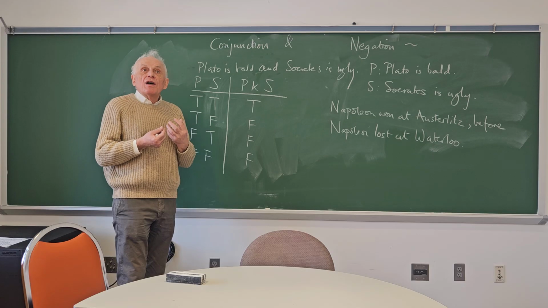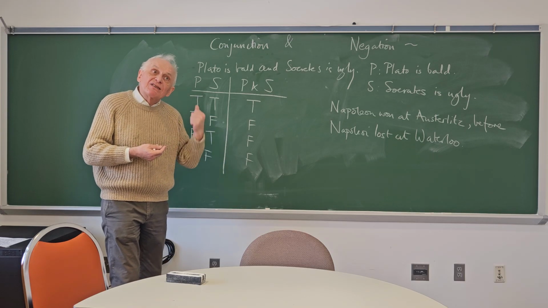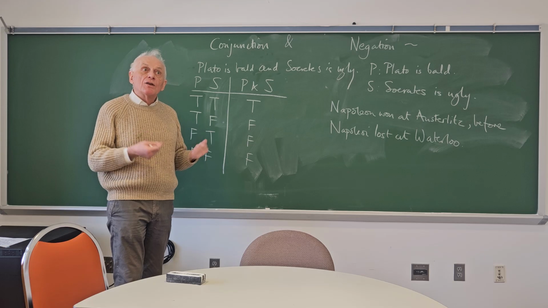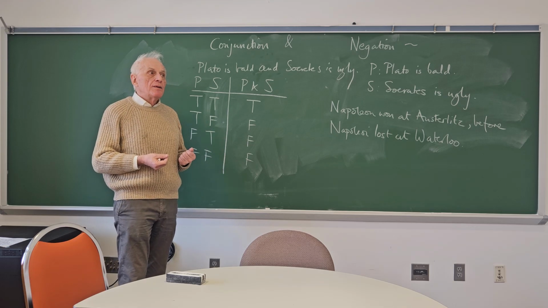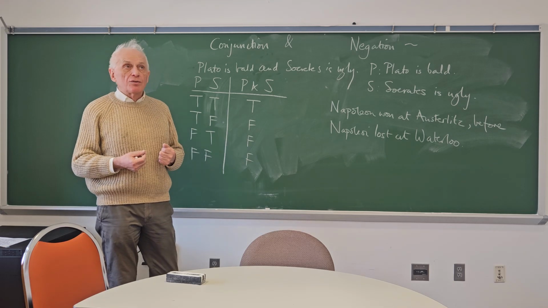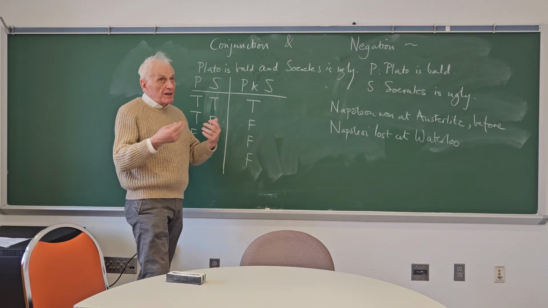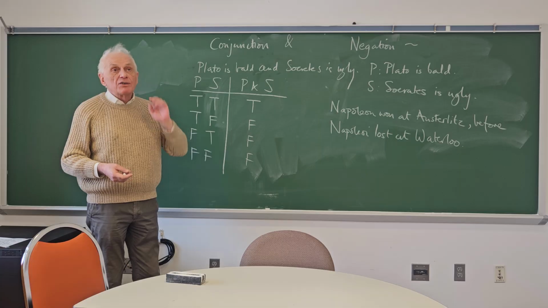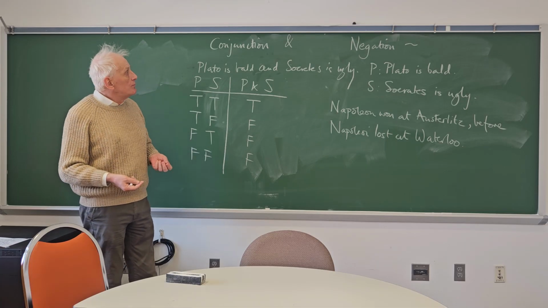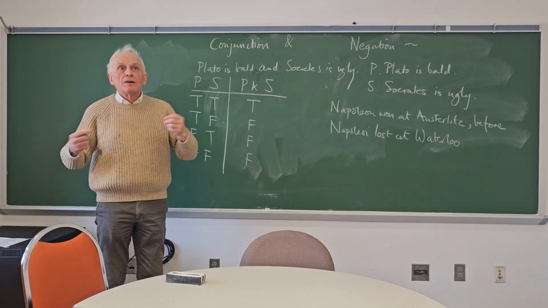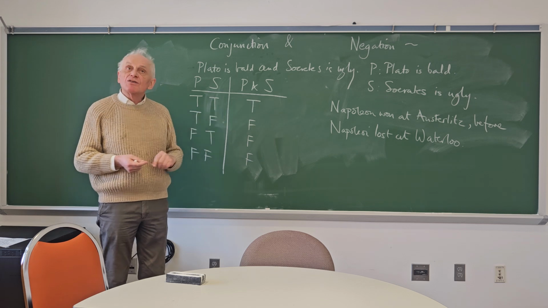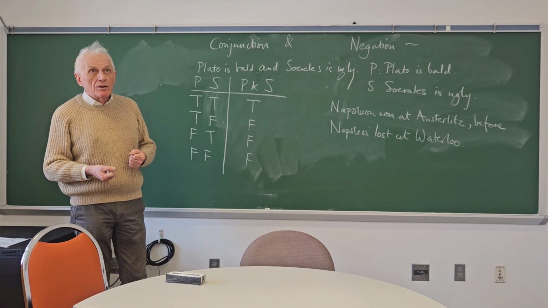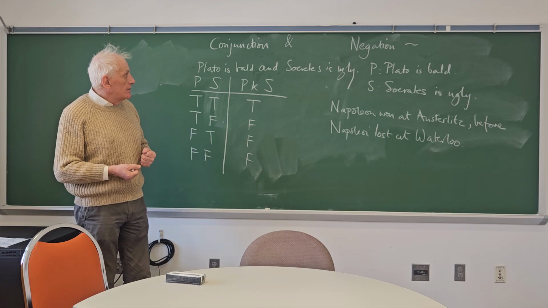But in order to know that, we have to know something besides the truth value of the two sentences that before is joining. And so this is not a truth functional connective. Before is a connective. It can join two sentences together, but it's not truth functional because in order to know the truth value of the compound sentence, we need to know something besides the truth values of the sentences it connects.